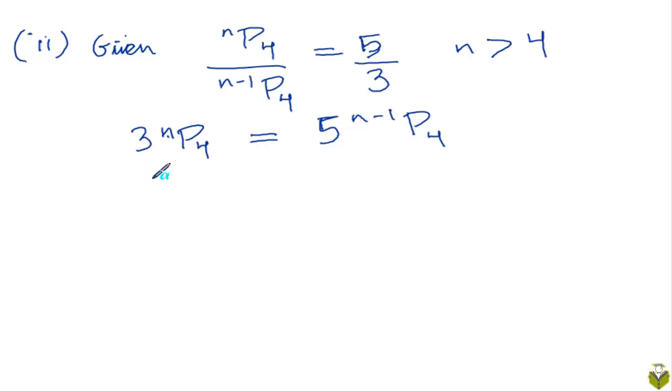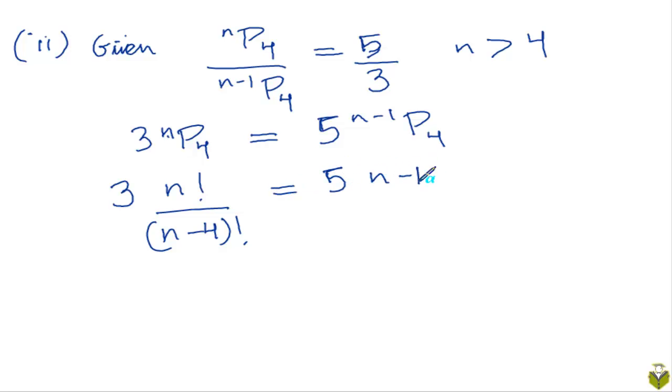So what is nP4? You should be accustomed to writing the formulas now. It will be n factorial divided by (n minus 4) factorial, whereas this is (n minus 1) factorial divided by (n minus 1 minus 4) factorial, so that is (n minus 5) factorial.